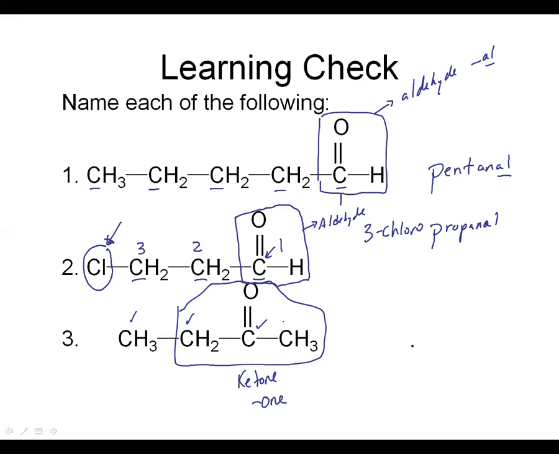So butane becomes butanone. And we do need to give the location of this carbon-oxygen double bond. We want to give it the smallest number. So left to right, it would be at carbon number 3. Right to left, it would be at carbon number 2. So 2-butanone would be the name of our ketone. Any questions on that there?